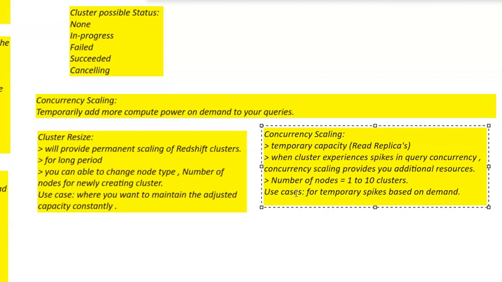So when do we use this concurrency scaling? For temporary spikes based on demand. If you get temporary spikes, in that scenario concurrency scaling is highly preferred. That means the number of users reading data inside your cluster has increased temporarily, who use your database data very frequently.